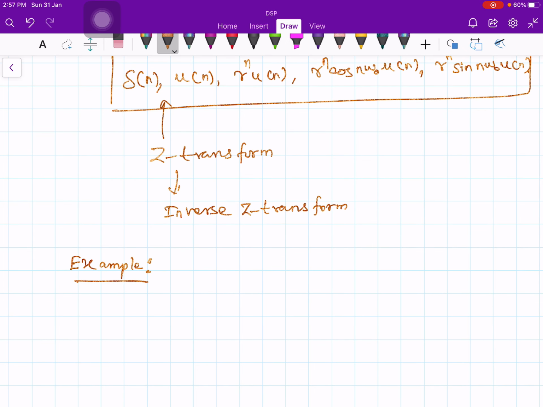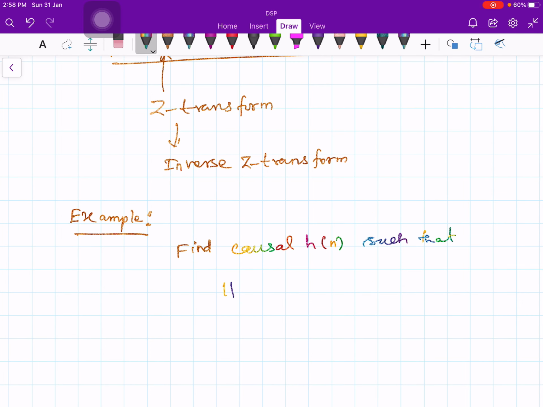Now the question is, find causal h of n such that H of z is equal to z times z plus 2 divided by z minus 0.2 times z minus 0.6.